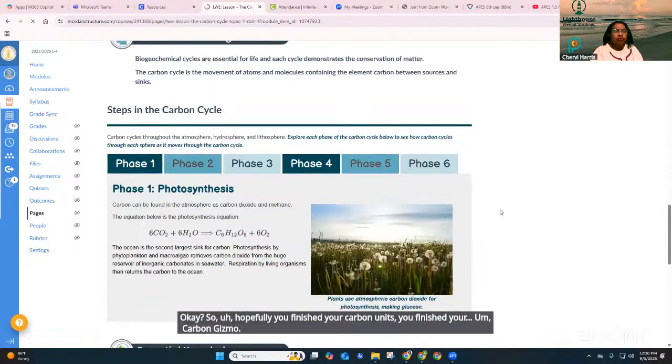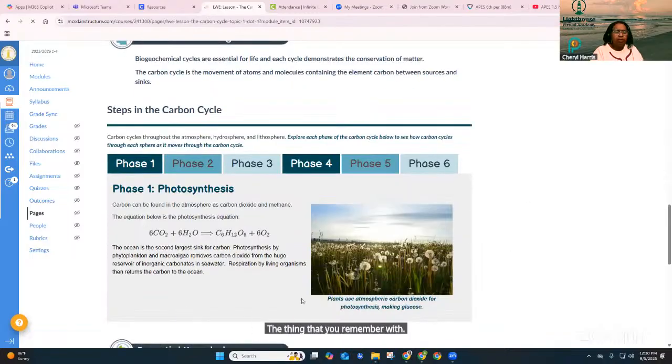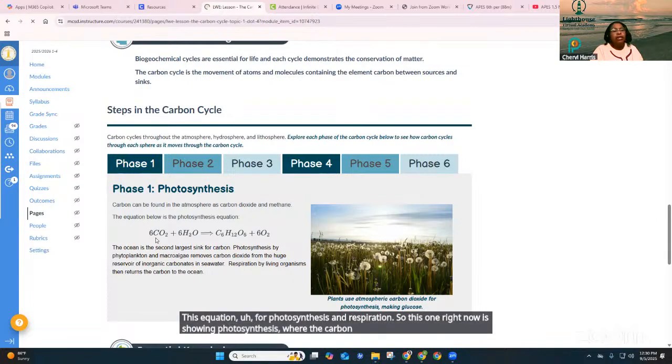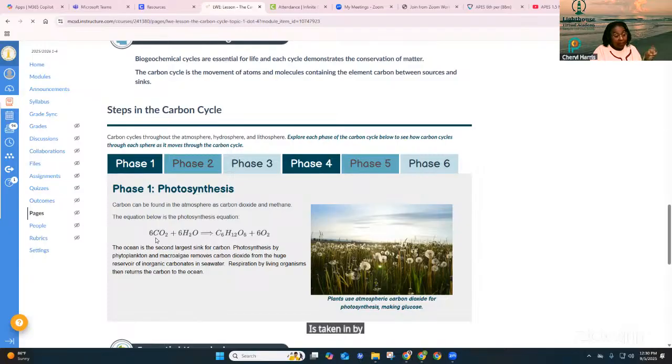The thing to remember with the carbon cycle is this equation for photosynthesis and respiration. So this one right now is showing photosynthesis, where the carbon dioxide is taken in by plants or of some sort, green plants, and it is combined with the water that they take up through the roots.